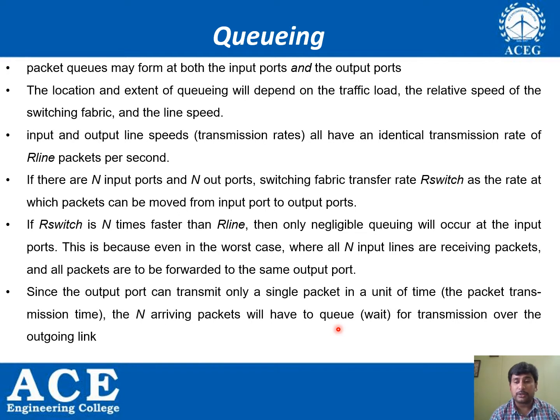So this is how queuing happens in general, and here we are particularly talking about queuing that may happen at the output port when the switching fabric speed R switch is n times the line speed of the input port.